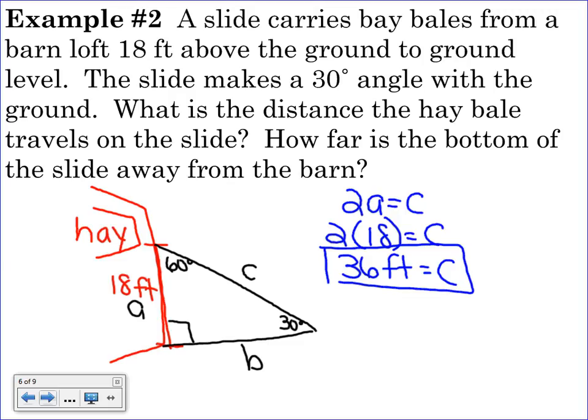Second part of the problem wants us to find how far the bottom of the slide is away from the barn. So it wants us to find out from this point to this point how long that is. Now here we did not round the answer.